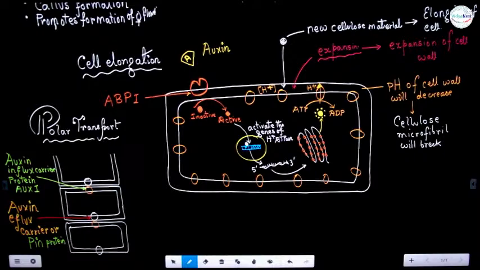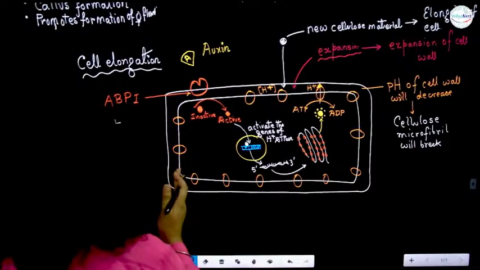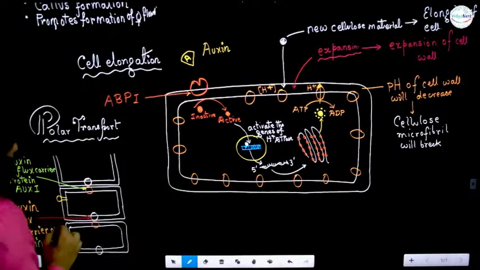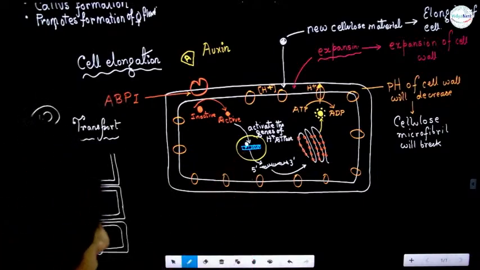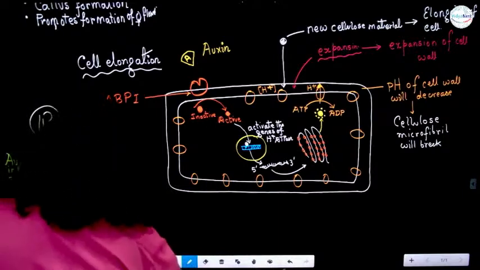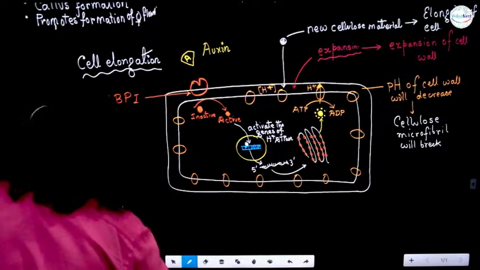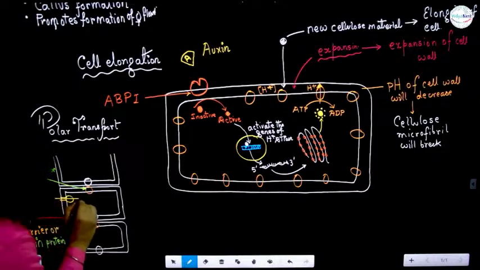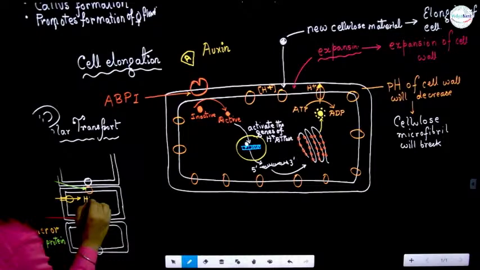Now, how is this responsible? That means as this phenomenon operates over here, यहाँ पे क्या होगा? There is a channel which is responsible for pumping the H plus ion. जैसे यहाँ पे H plus ion का pumping हुआ था, same way that is the ATPase. In the same manner, this is the ATPase. It is going to pump H plus ion over here.